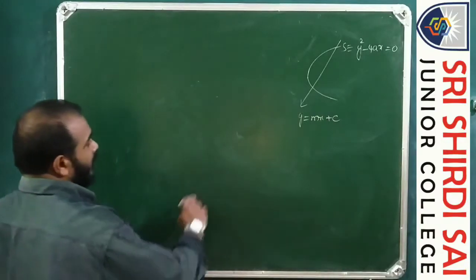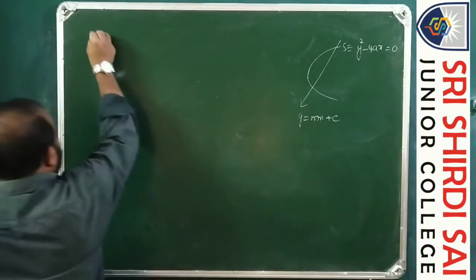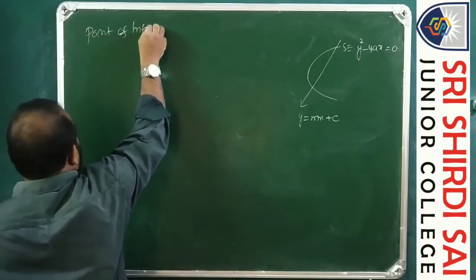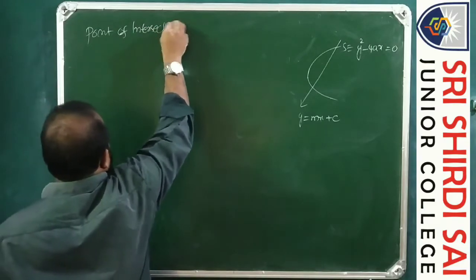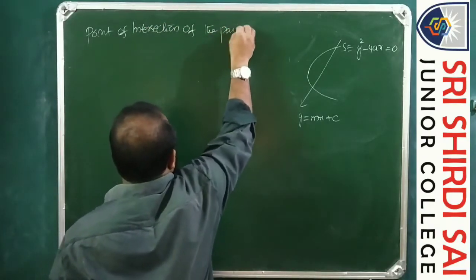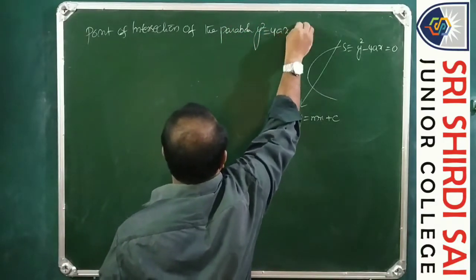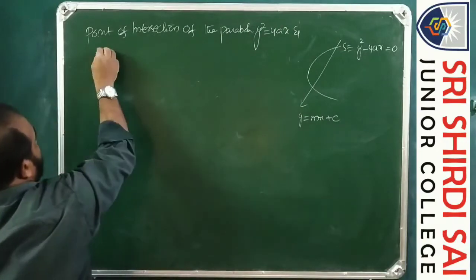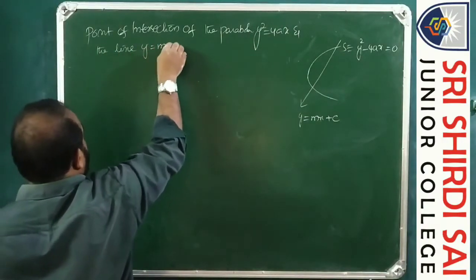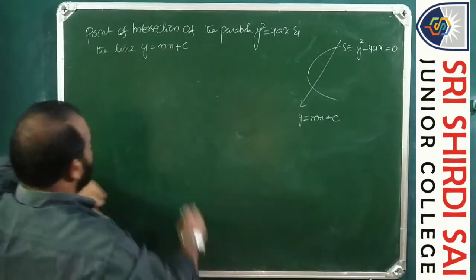So here y equals mx plus c. This is the point of intersection of the parabola y square equals 4ax and the line y equals mx plus c.